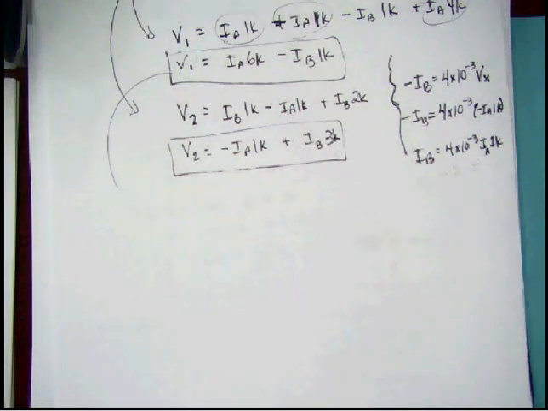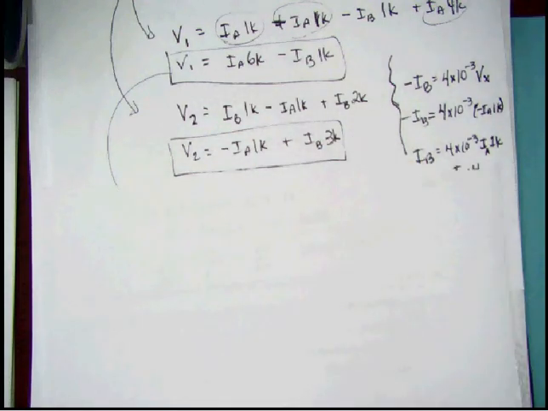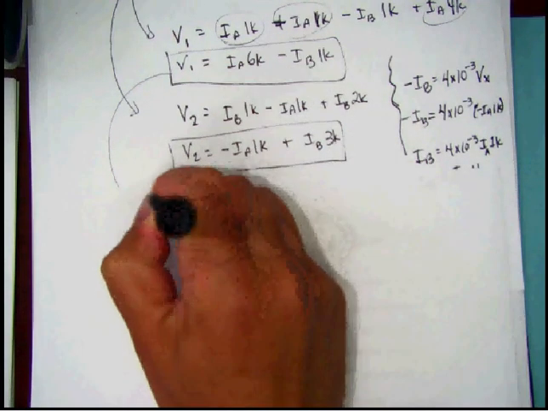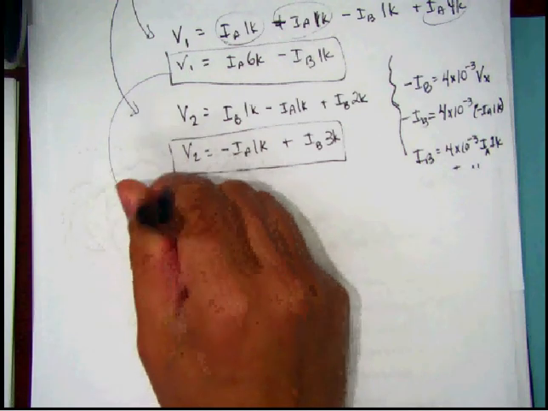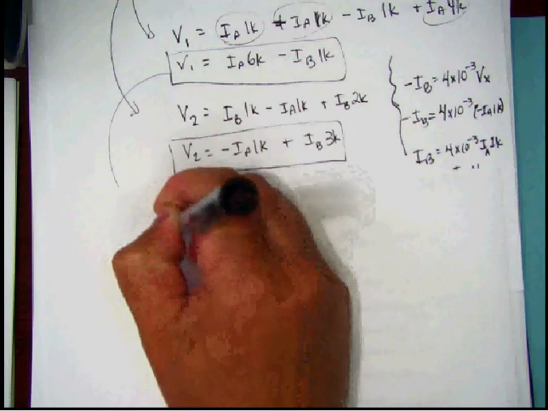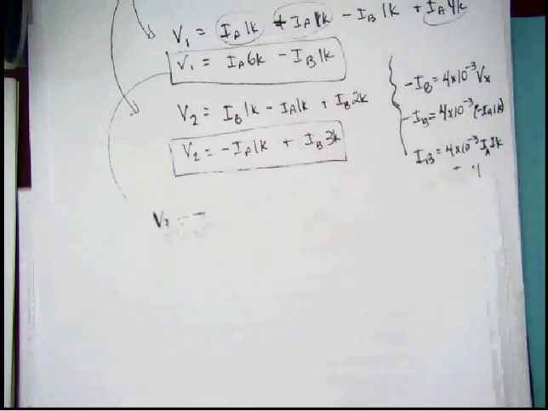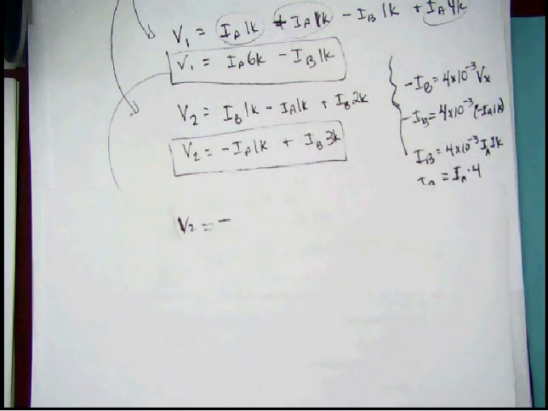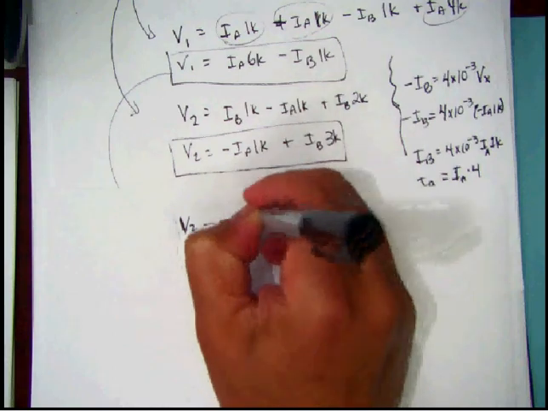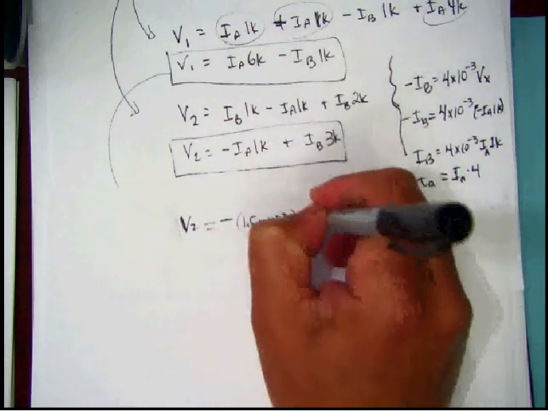So here's our equation, our last known equation for V2. We had discovered that we know what IA is. So V2 is equal to negative IA, which is 1.5 milliamps. 1.5 times 3 times 1K.